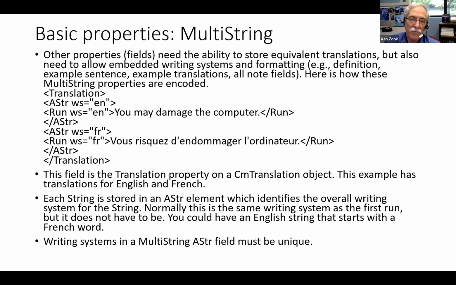And here we have two different strings. Each alternative has an AStr element, and then the AStr has one or more Run strings inside. So we have an English one here with English, and then we have a French one with the French translation.